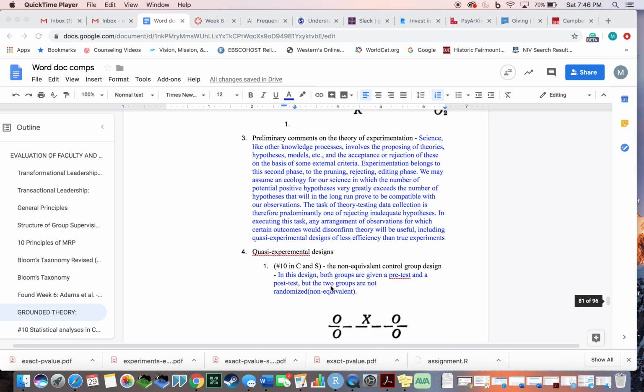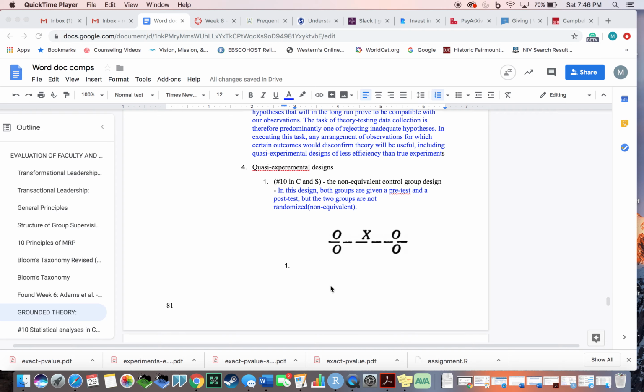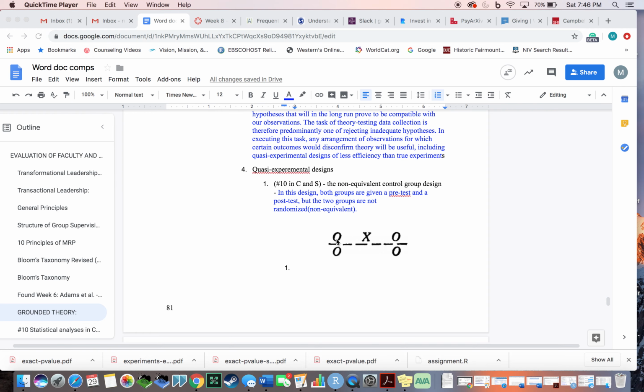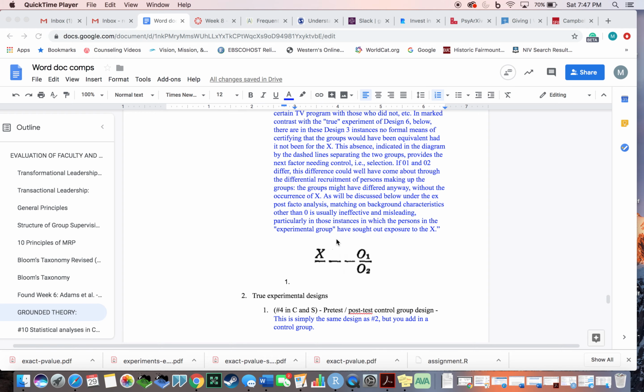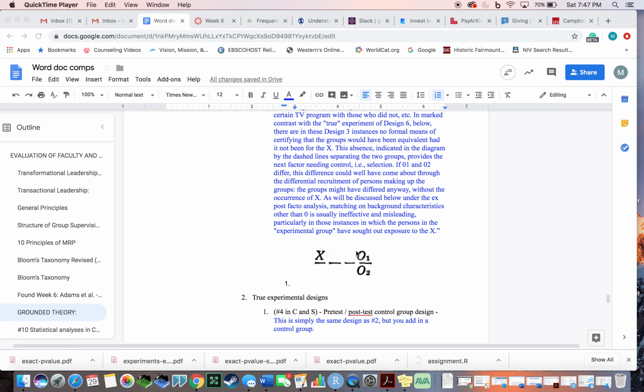But if we want to get a little more sophisticated with it, we could do a quasi-experimental design. And just to give you a heads up, in this scenario here, we don't give any pretest. We don't test them on their DSM nomenclature and career theory before they go through the classes.